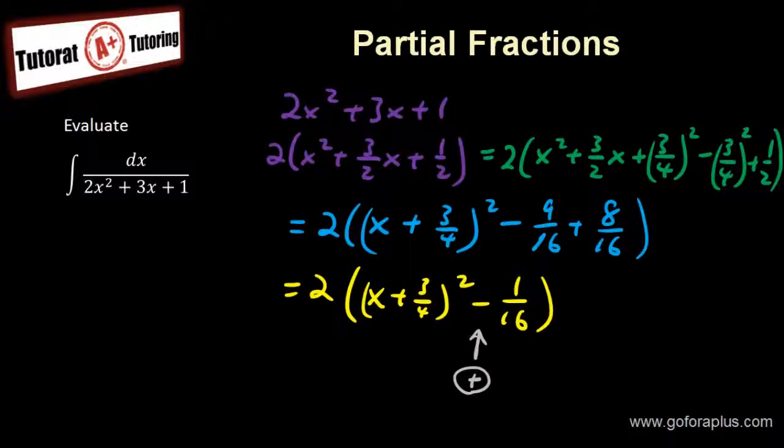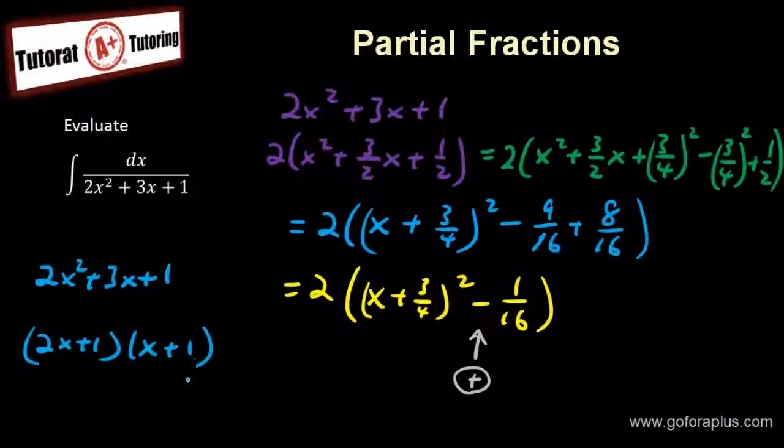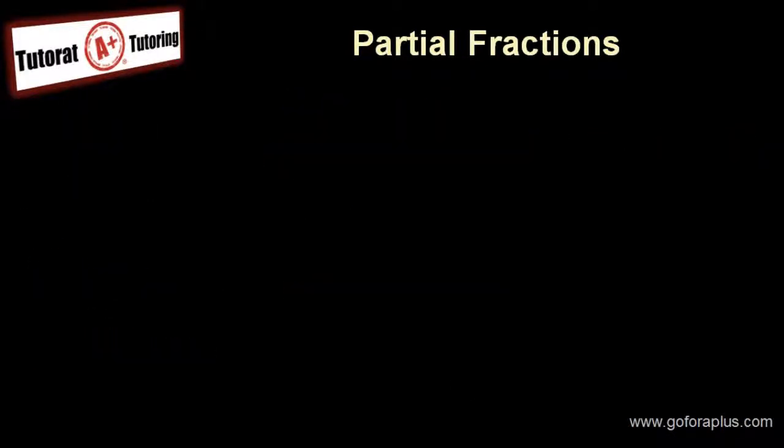So first, I have to make it into 2 factors. 2x squared plus 3x plus 1, if I factorize this, I'll get 2x plus 1 and x plus 1. Okay, so these are my factors for this trinomial. Now let me rewrite my integral.